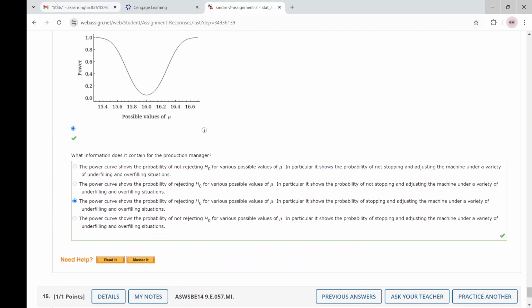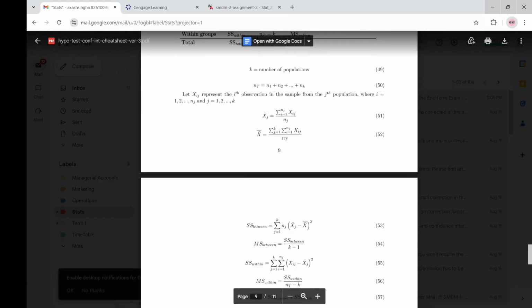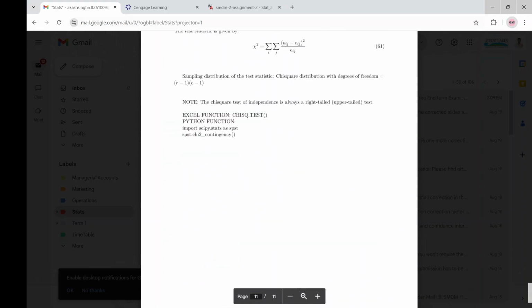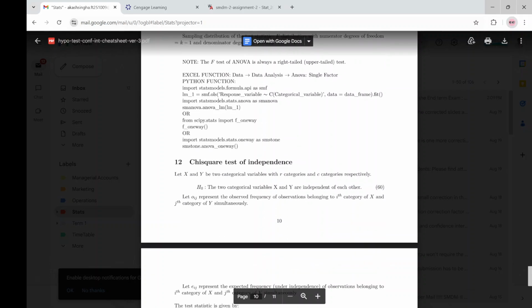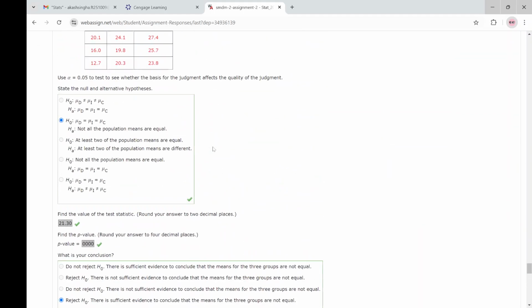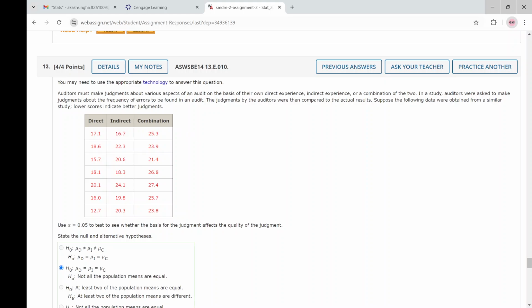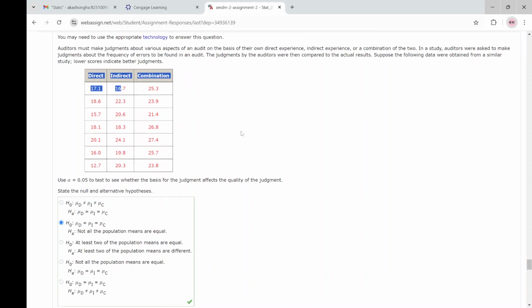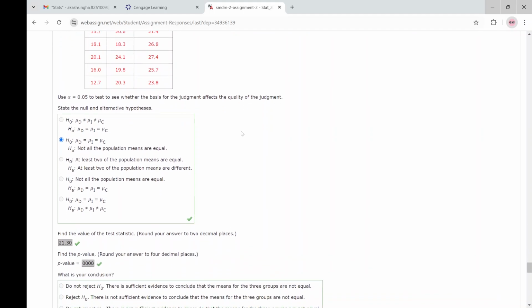Okay, and for the chi-square, I think I don't know if I want to do this. Was there any question on chi-square? Yes, I think this one is right. No, this is ANOVA.